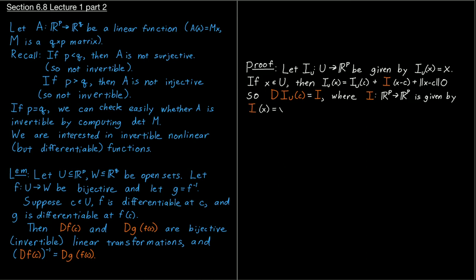It's still the identity function. The distinction I'm carefully making with this U subscript is, do I want the domain to be just the open set U, or am I allowing the domain to be everything?